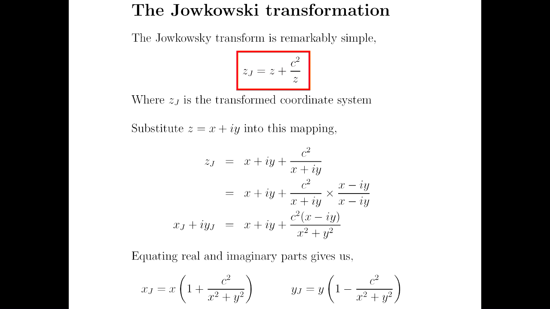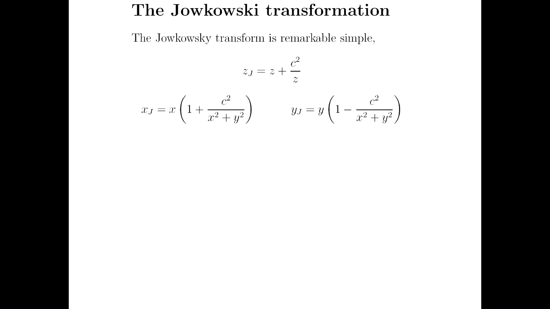I find that the x-axis, xj, equals x plus c squared over x squared plus y squared, and in the y-axis, yj equals y minus c squared over x squared plus y squared.